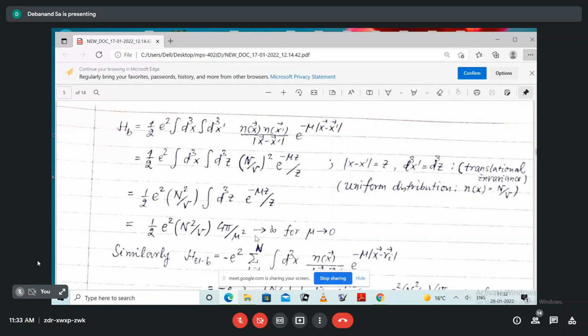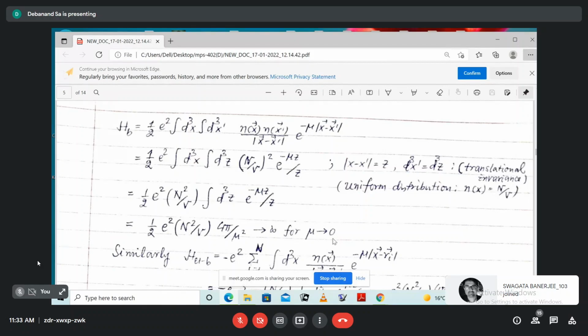So you can do this integral because I just treat them classically. So these densities are number by volume, and half e square d^3x, this is d^3z, e to the power minus mu z by z. Okay, so the result is this.